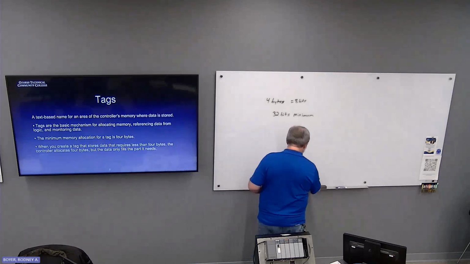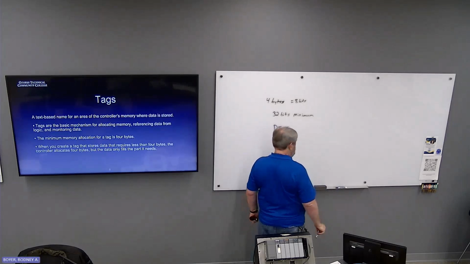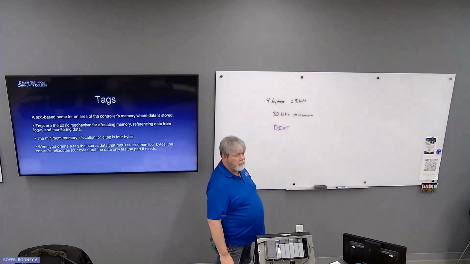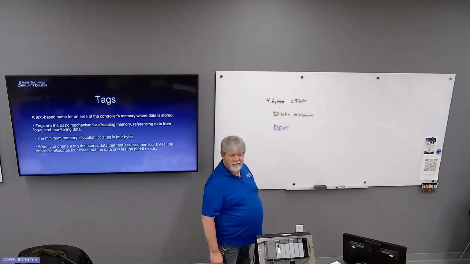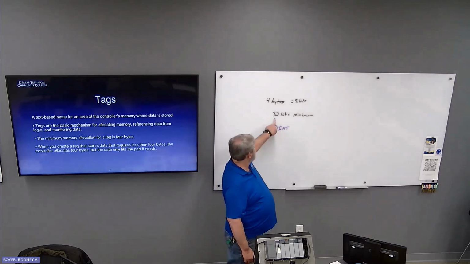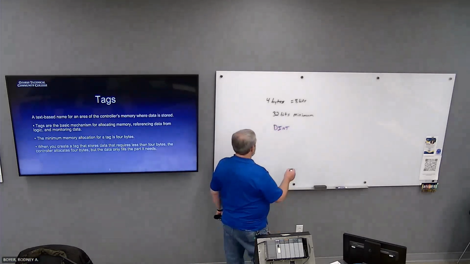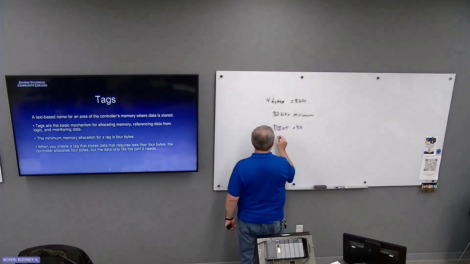So if I have a double integer, how many bits is it going to allocate for it? 32.